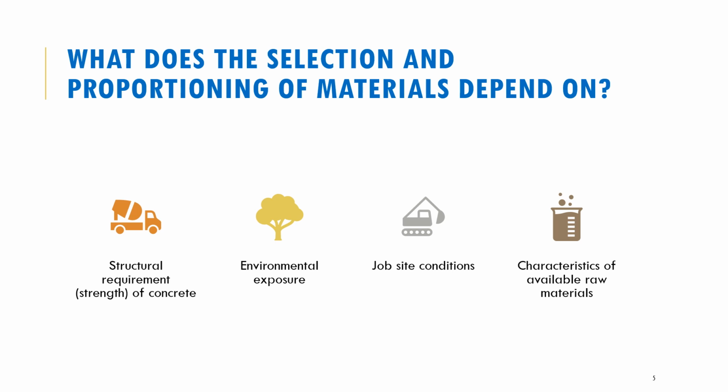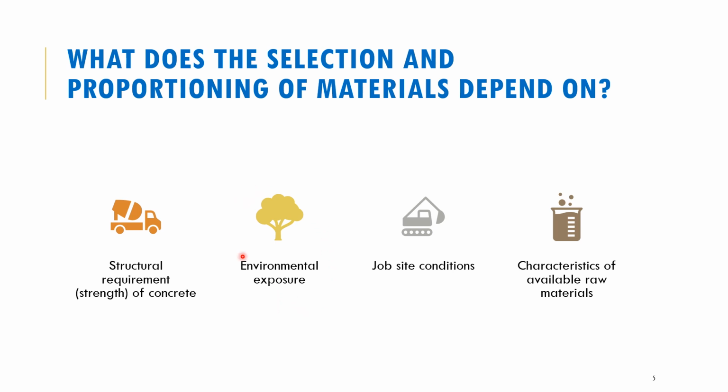Okay, so in terms of the selection and the proportioning of materials, what do they depend on? Well, there's a number of things that you have to consider. Number one, the structural requirement, i.e. the strength of concrete that is required for your project. Number two is the environmental exposure, and we talked about how cement as a product is a very energy intensive product, i.e. producing it requires a lot of energy.